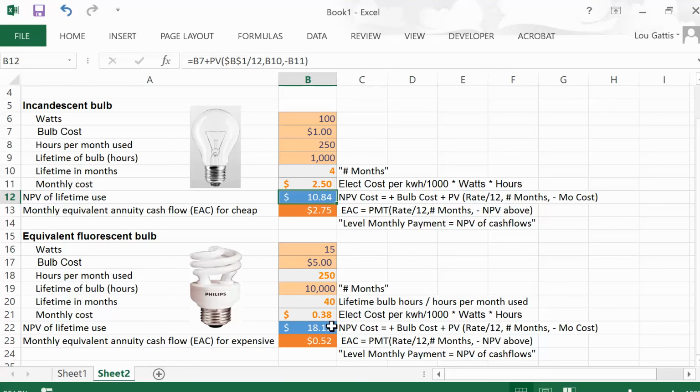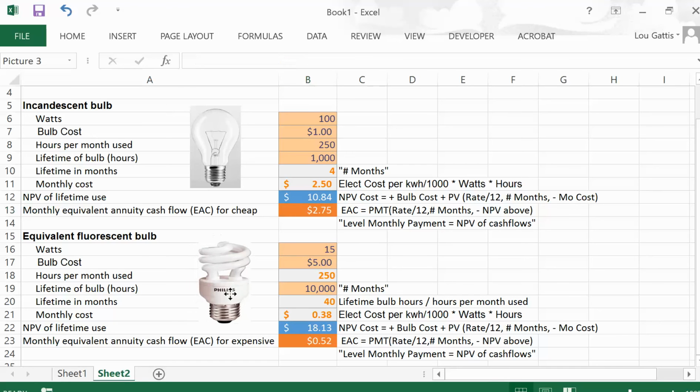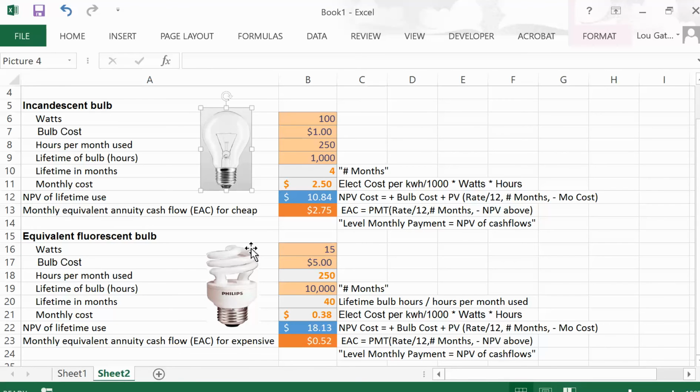This present value is spread over 40 months. And the monthly payment is 52 cents versus 275. So now it is quite clear this bulb uses much less electricity and lasts a long time and offsets its higher price. So that's how we can compare projects of different investment horizons.